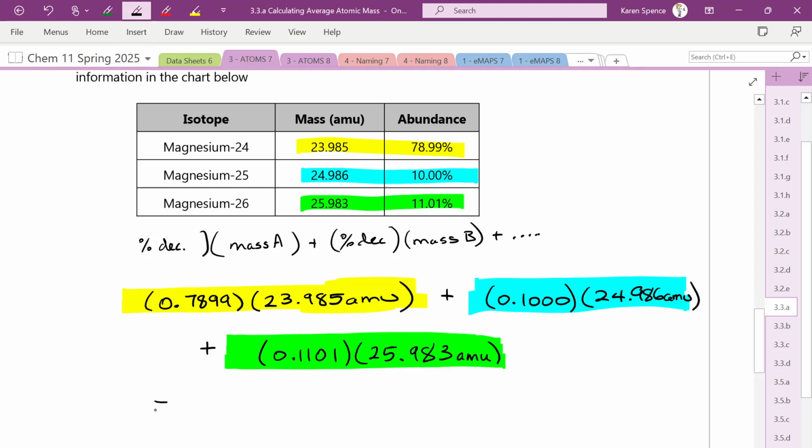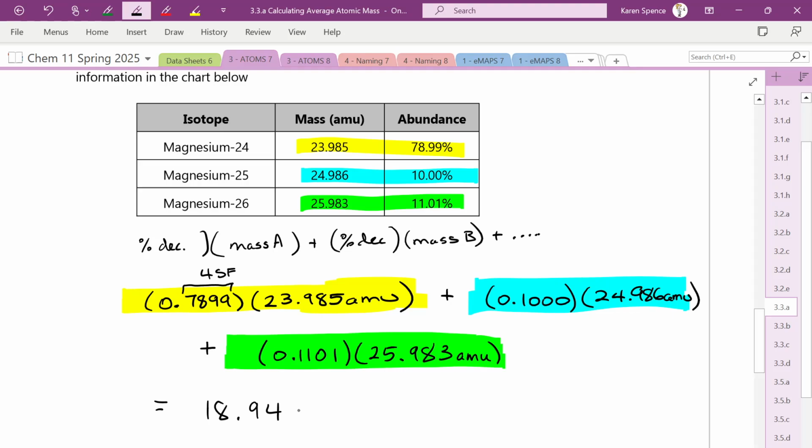We do that and we get, let's see, 0.7899 times 23.985, 18.94. Now, when I do this, if I'm looking at sig figs, I don't need to write down 18.9457515. That's a lot of numbers. I know that this has 4 sig figs. So I should be okay in terms of rounding errors if I keep 5 sig figs in this part of the answer.